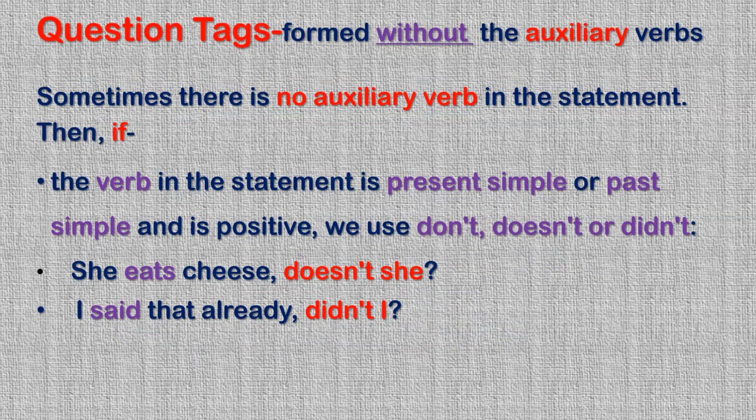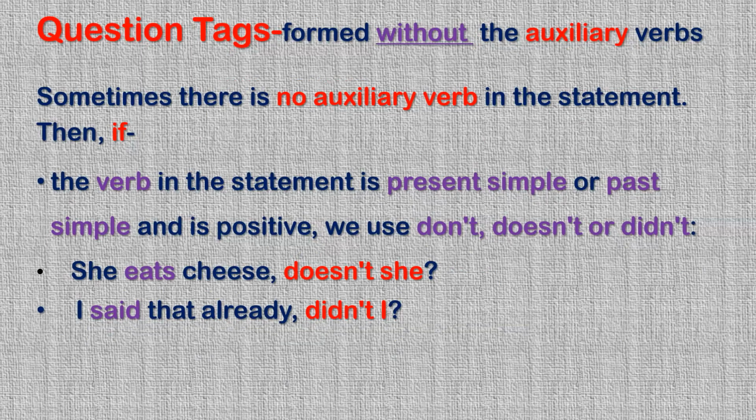So some question tags are formed without the auxiliary verbs, meaning sometimes there is no auxiliary verb present in the statement. Then if the verb in the statement is present simple or past simple and is positive, we use don't, doesn't, or didn't.